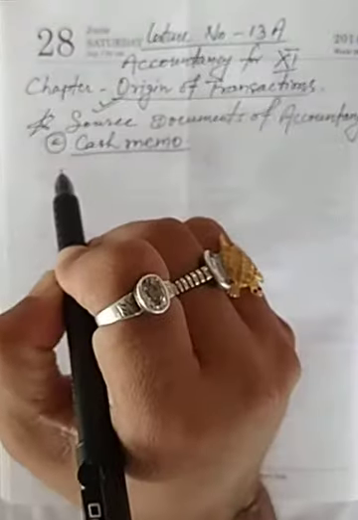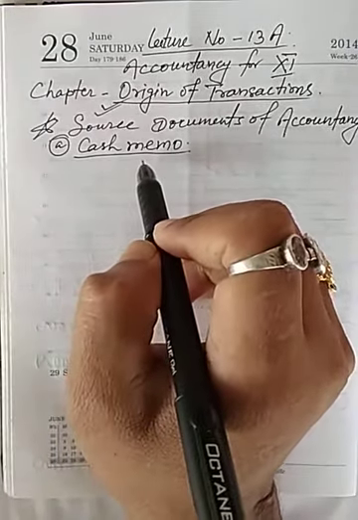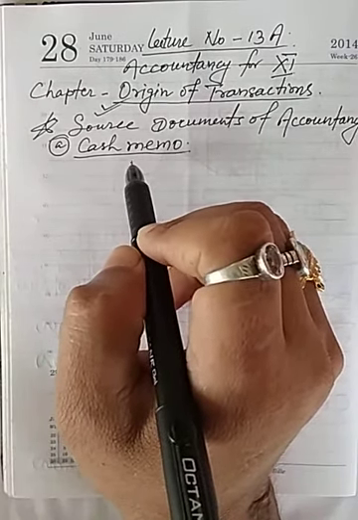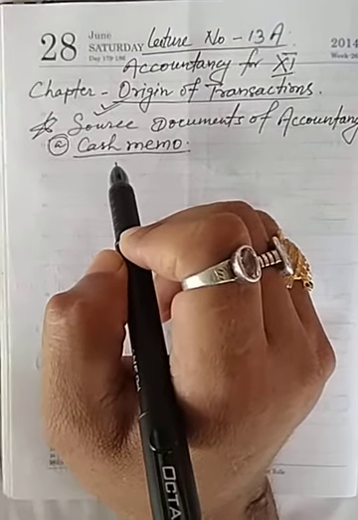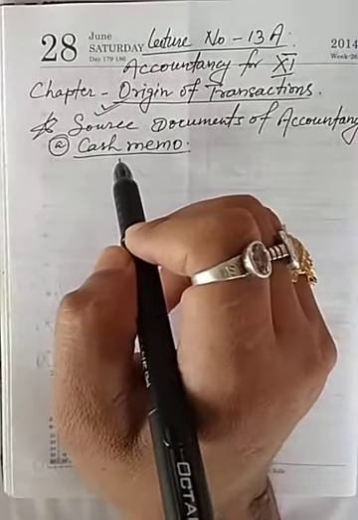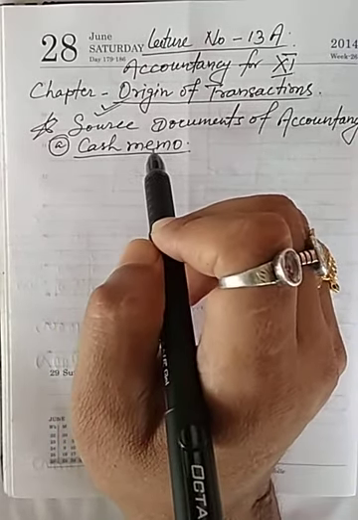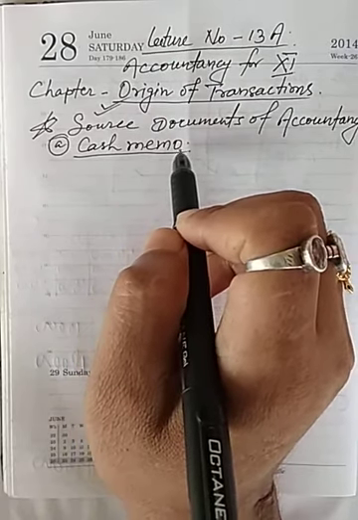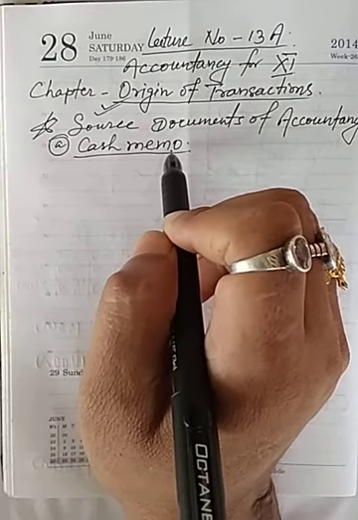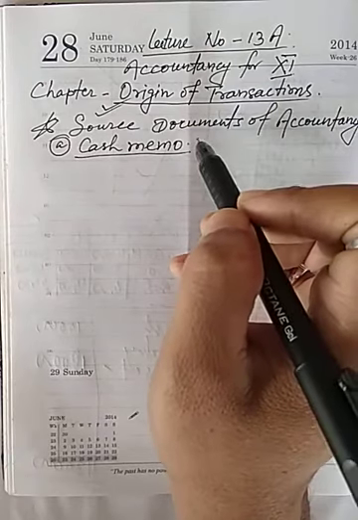Cash memo is a source document when a trader sells goods for cash. He gives a cash memo, and when he purchases goods for cash, he receives a cash memo.